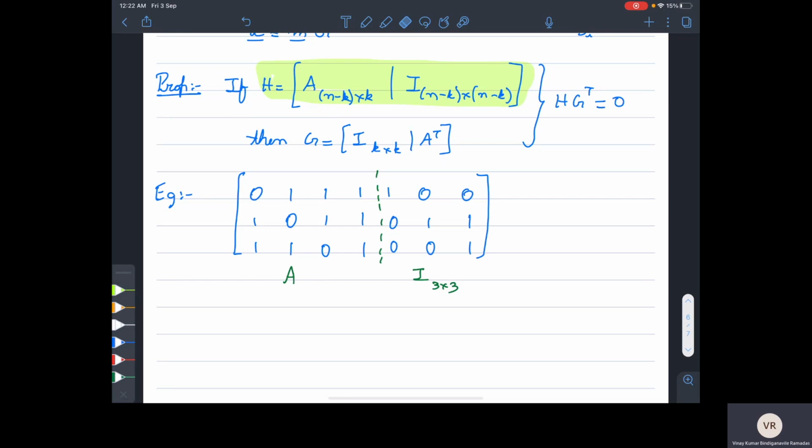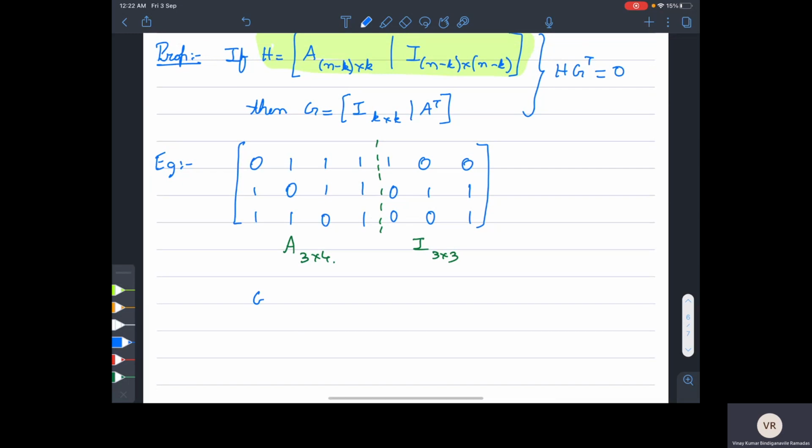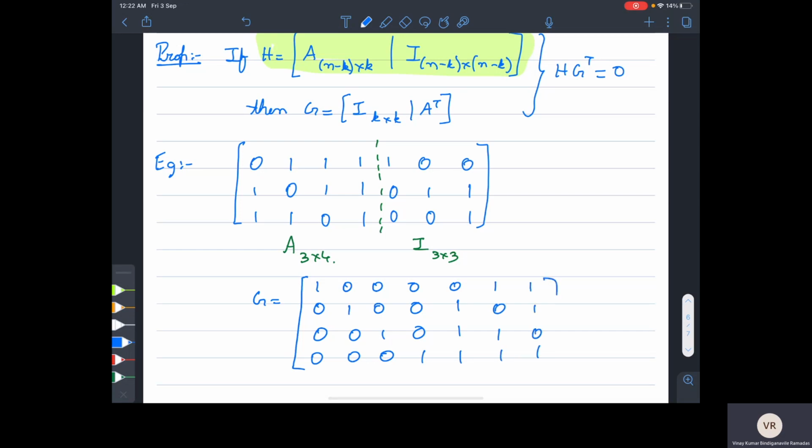Sorry, 3 by 4. So the G matrix can be obtained as this. Okay. So this is the generator matrix for my code.